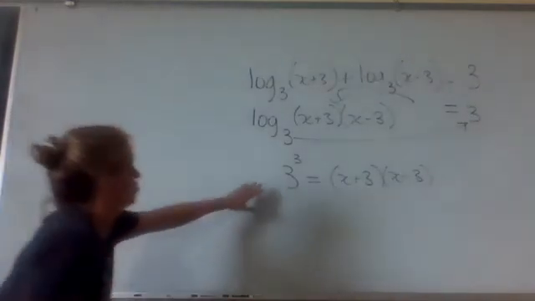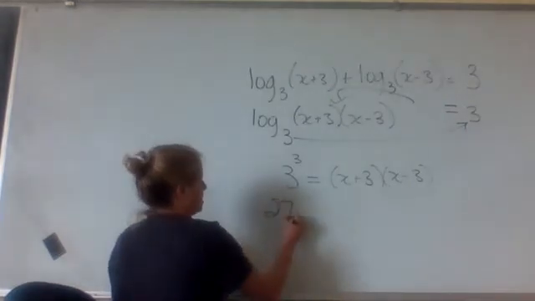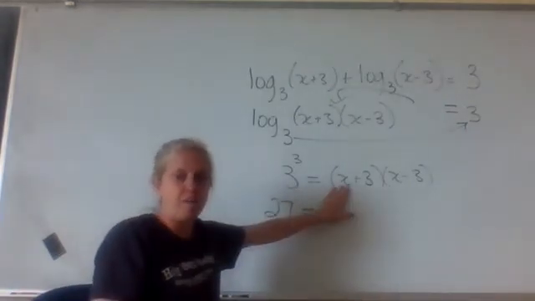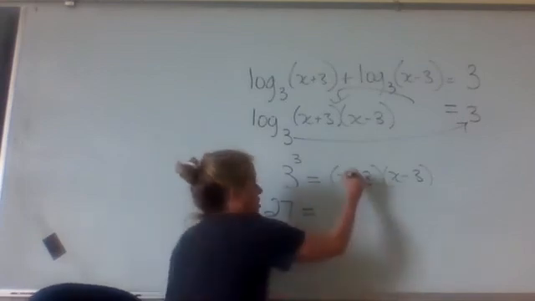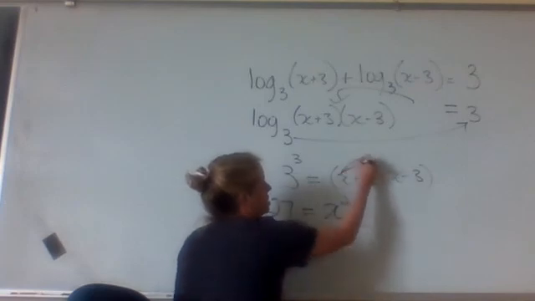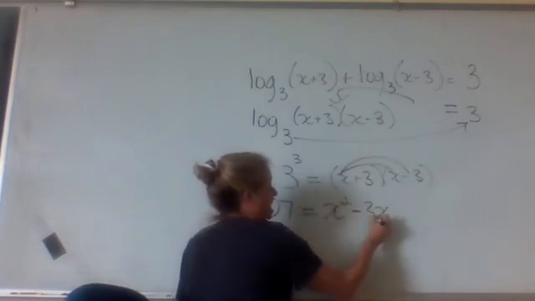So let's see, 3 to the 3rd power gives me 27 equals, I am going to have to distribute or FOIL here. Let's see, x times x gives me x squared. X times -3 gives me -3x.